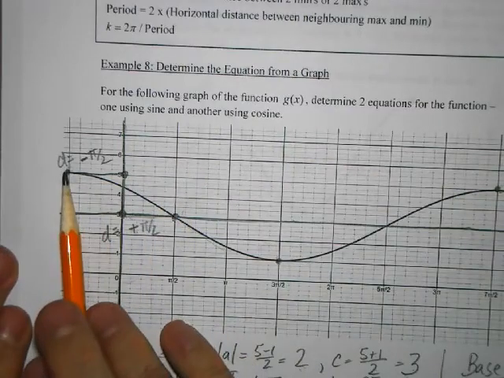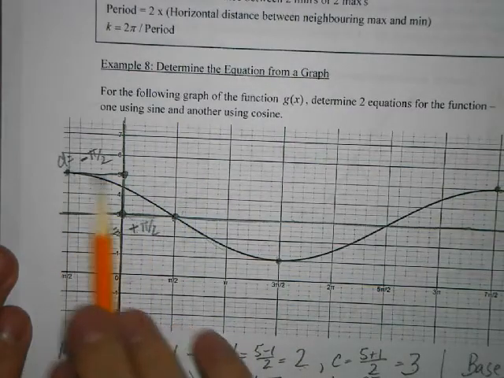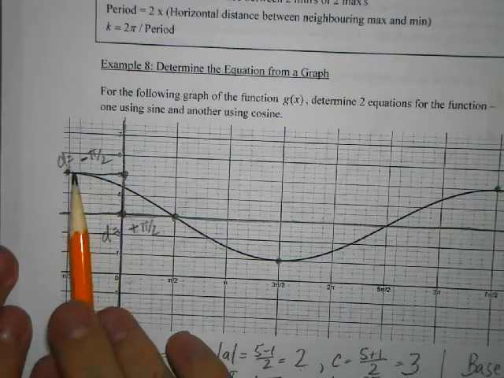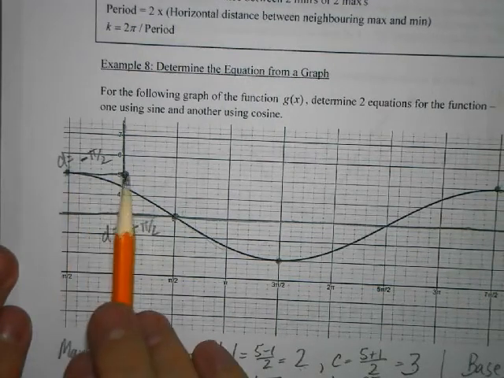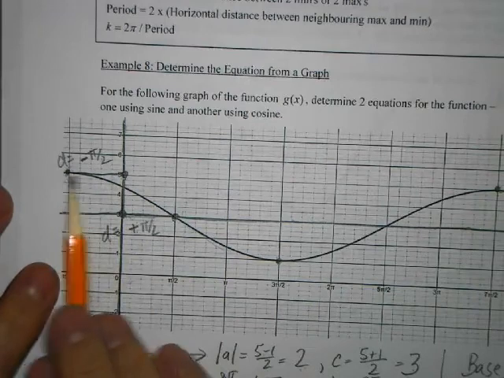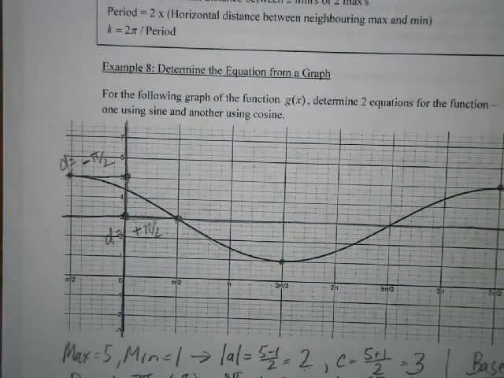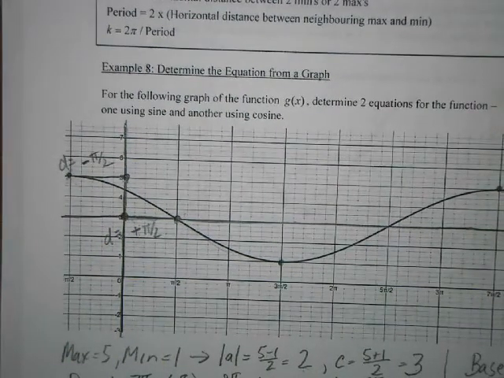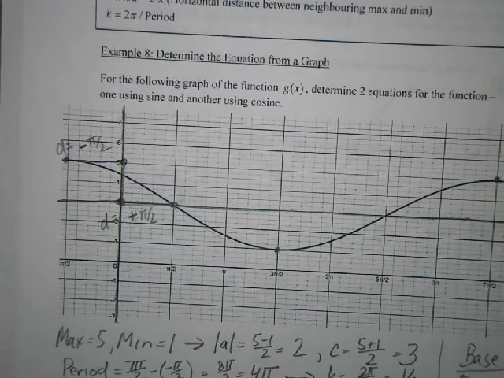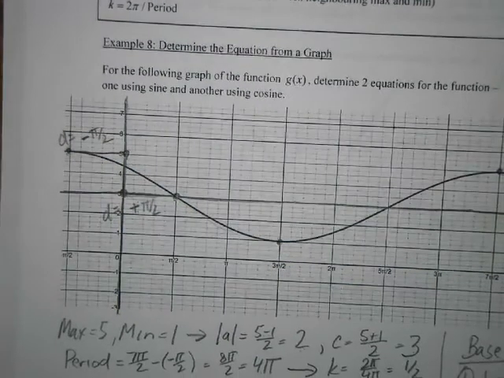Our graph starts here. So what do I have to do to this point to turn it into this point? Well, this time I'm shifting it pi by 2 to the left. So d is negative pi by 2. I'll plug that in right now. If d is negative pi by 2, it's x plus pi by 2, because it's x minus d. These two values are exactly the same.